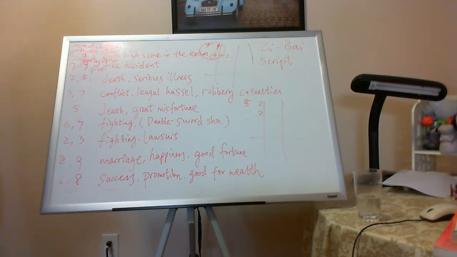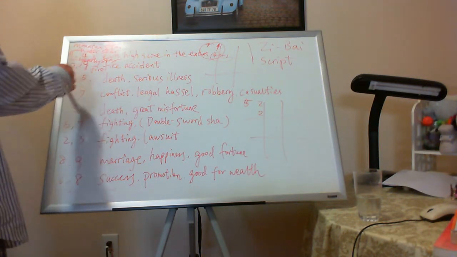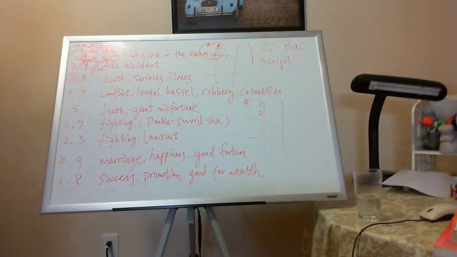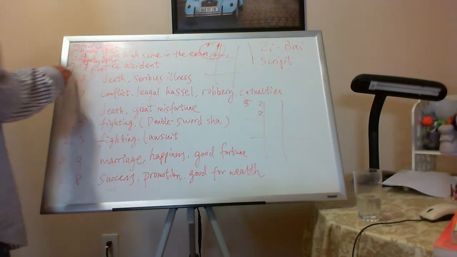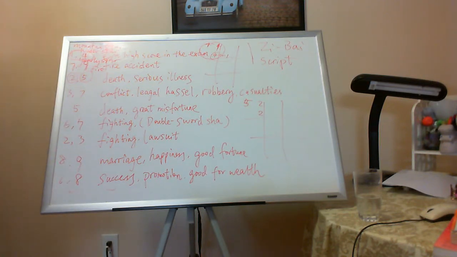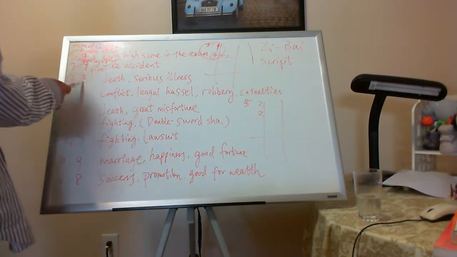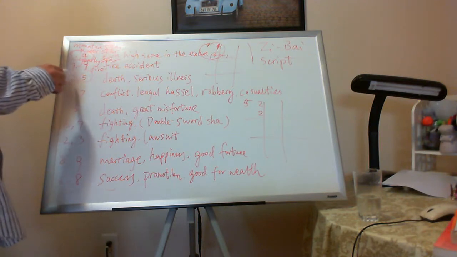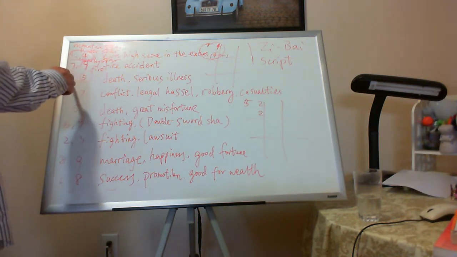So this is very apparent, because star 2 represents illness, and 5 represents the great misfortunes, catastrophe, the casualty, all kinds of bad luck is represented by star 5, and both of them belong to Earth element.